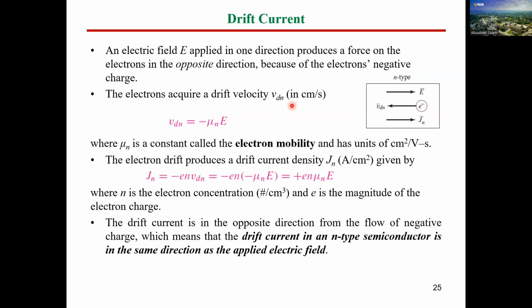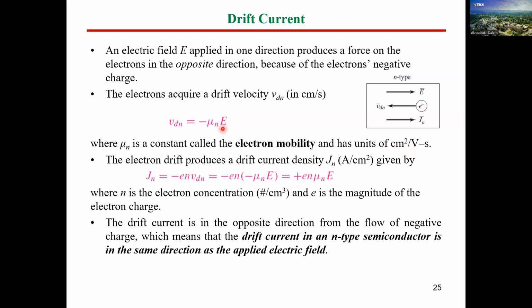This velocity is measured in centimeter per second, and VDN, the drift velocity of electrons, equals minus, because it's the opposite direction of the electric field, mu n times E. So E is the electric field applied, and mu n is the mobility of electron. So mu n is a constant, called the electron mobility, and the units of this electron mobility is square centimeter per volt second.